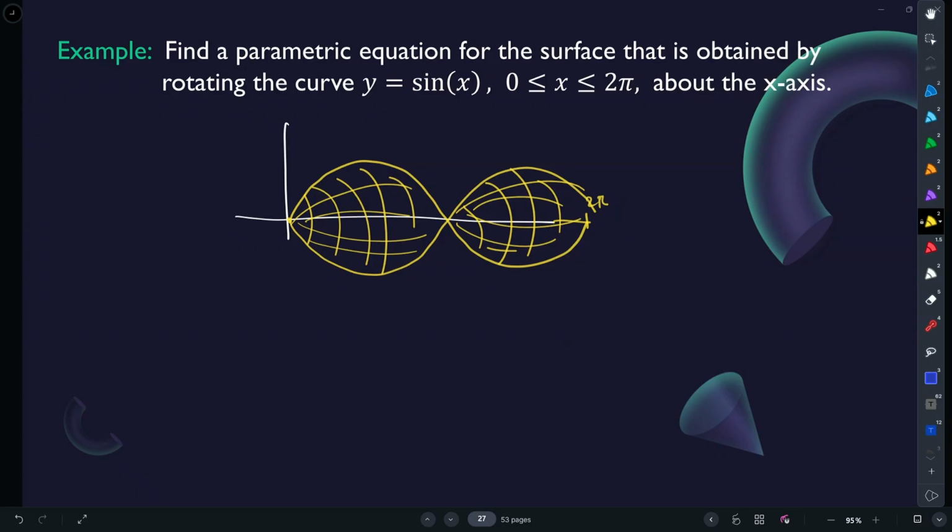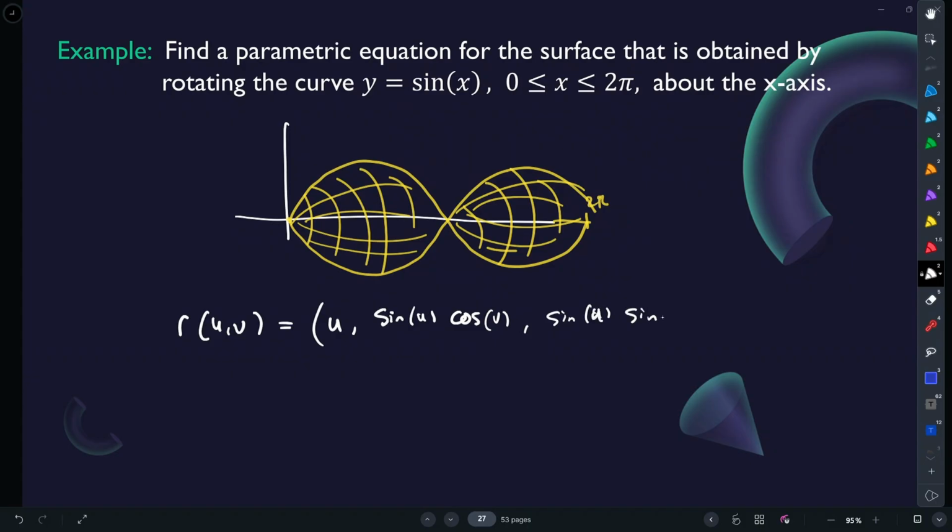Okay, so I want to parameterize this thing, so I do like I did before. R of u,v is going to be u f of x, so sine of x, sine of u cosine of v, sine of u sine of v, with u between 0 and 2 pi, and v, which is sort of like the theta, also between 0 and 2 pi.